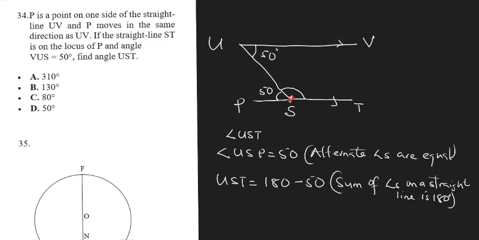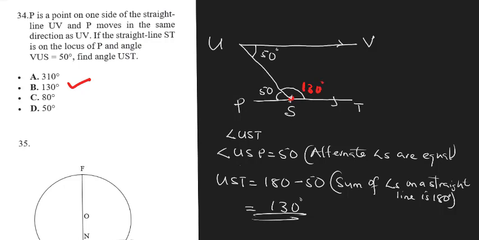So 180 minus 50 is going to be 130 degrees. So that is the answer. B is the answer. This place is 130 degrees.